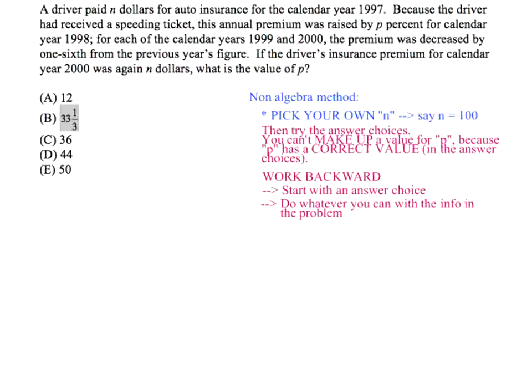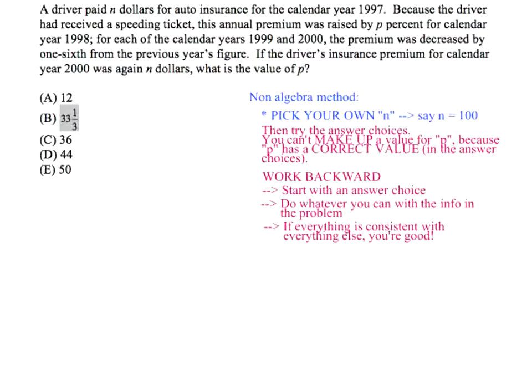And then if everything is consistent with everything else, then you're good. And unlike making up your own values, here you do not have to keep trying choices. If you make up a value, then it's possible to get a coincidence. But if you use their answer choices, then 4 of them will just be wrong and 1 of them will be right.